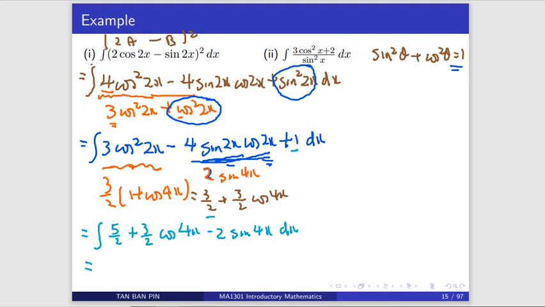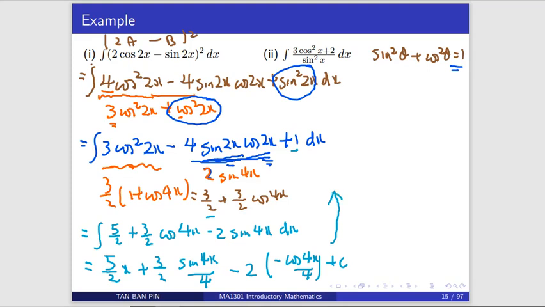Integrate 5 over 2 will give you 5 over 2 x. Integrate cosine will give you sine, so it's sine 4x over 4. Integrate sine will give you minus cosine 4x over 4, and plus c.